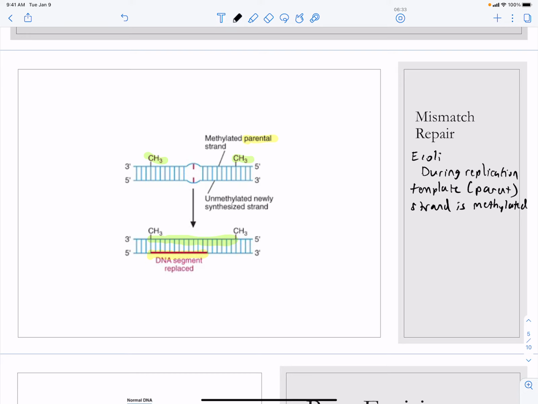Now, some of the things that are going to be similar to our replication is this is going to involve our helicases. So you still have to unwind. And then you're going to have single-stranded binding proteins.